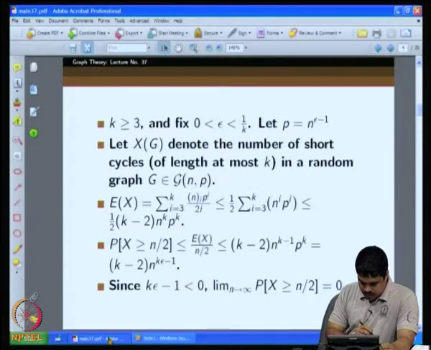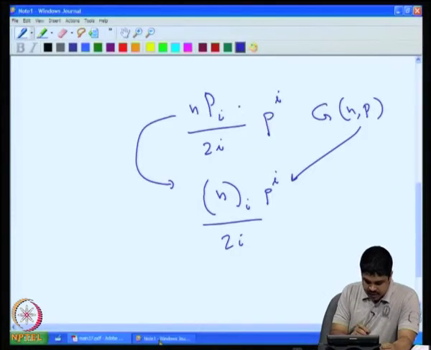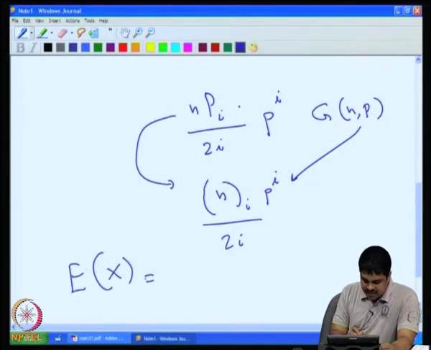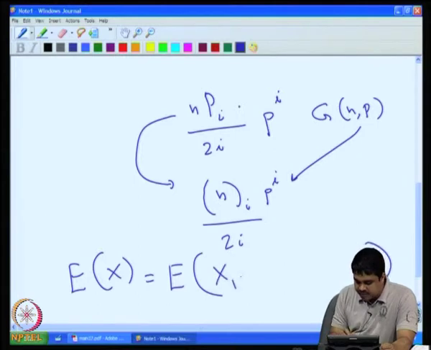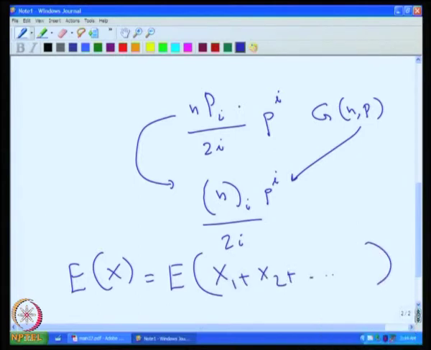So, to remind how it was done, the expectation of x is calculated by observing that this random variable x can be seen as the sum of several indicator random variables, where each of these x_i corresponds to an indicator random variable which says 1 or 0 depending on whether a possible cycle will occur or not.